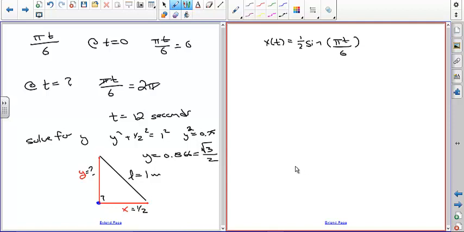Actually, I don't think we have to. We could just use the Pythagorean theorem here, because y squared plus x squared equals 1 for the entire time. So that would probably be the way I would do it. So x squared plus y squared equals 1 squared.